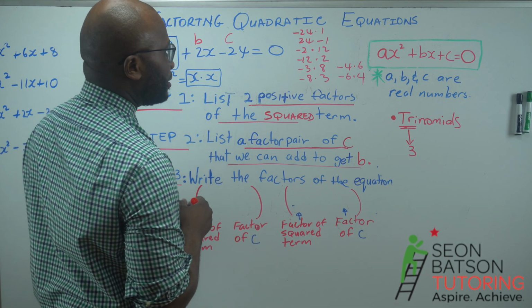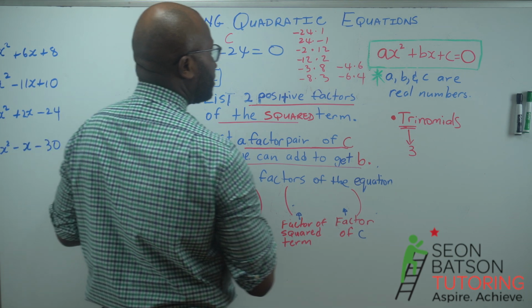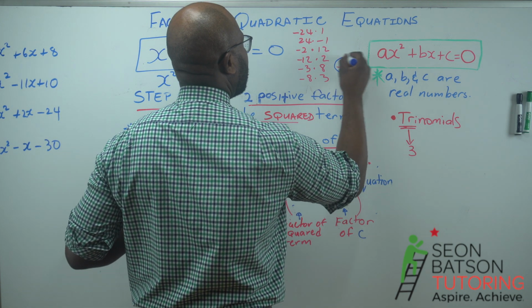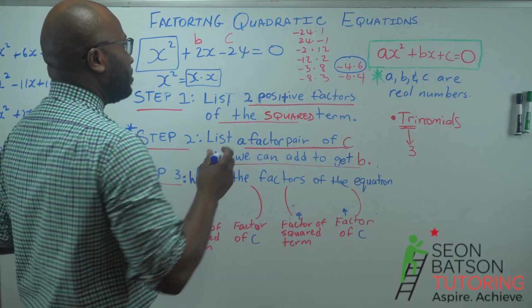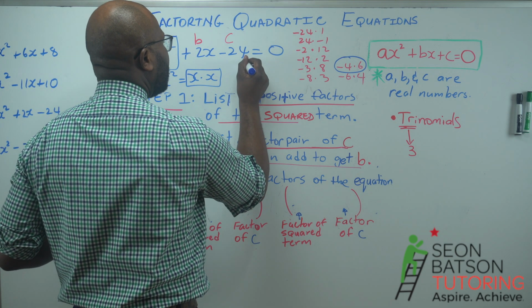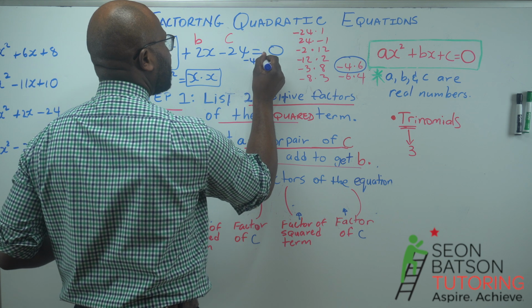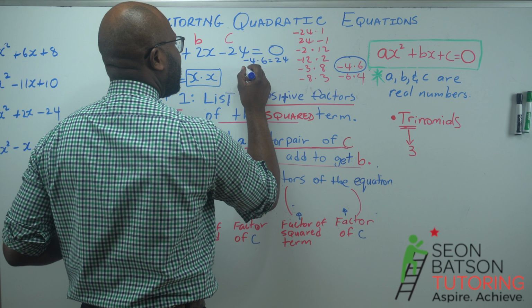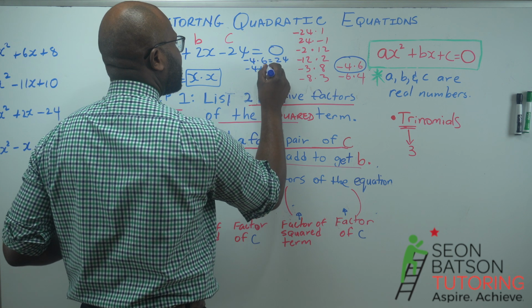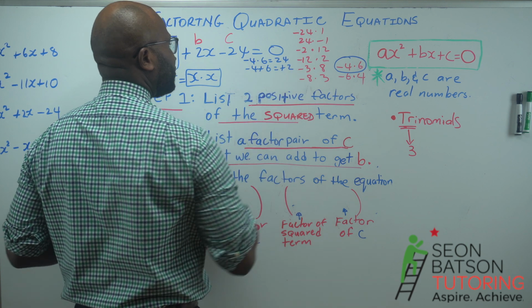Do you see it? We can use negative 4 and positive 6. Yes? Why? Because negative 4 times positive 6 is negative 24, and negative 4 plus 6 is positive 2.